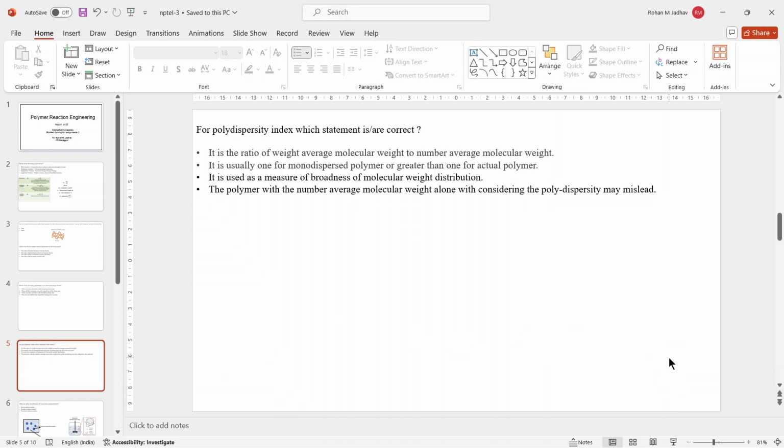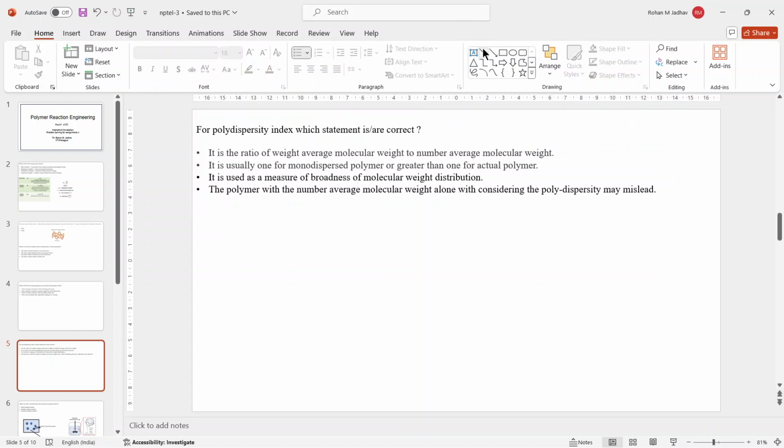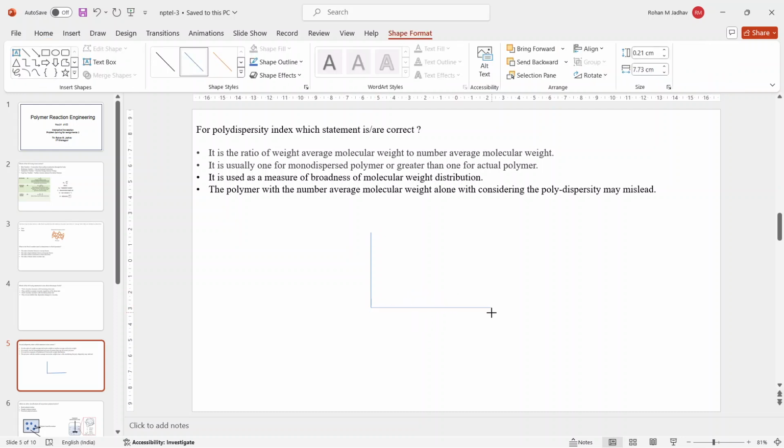Then this is for the polydispersity index. So the first one is the ratio of weight average molecular weight to the number average molecular weight. That is the classical definition for the polydispersity index. And what does polydispersity index define? Let's draw the polydispersity index right here, like a sample of how it should look.